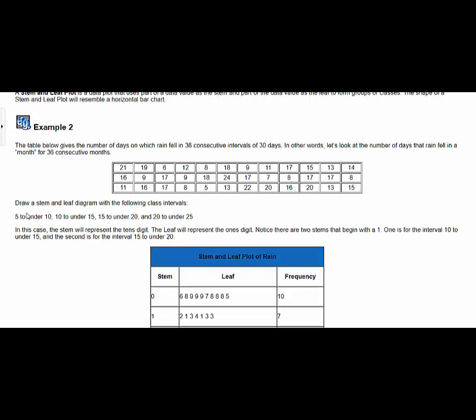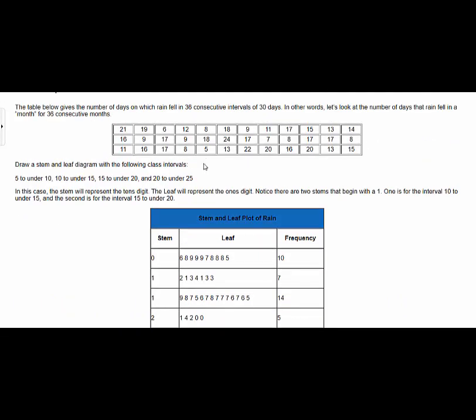Now, I should note here, you do want to be careful with the wording. It says 5 to under 10, so really this is 5 to 9 in this case, or 5 to 9.9 if it were dealing with continuous data. We won't use that terminology very often, and we'll see pretty soon how to write it in a more appropriate way. But that's the idea with that.